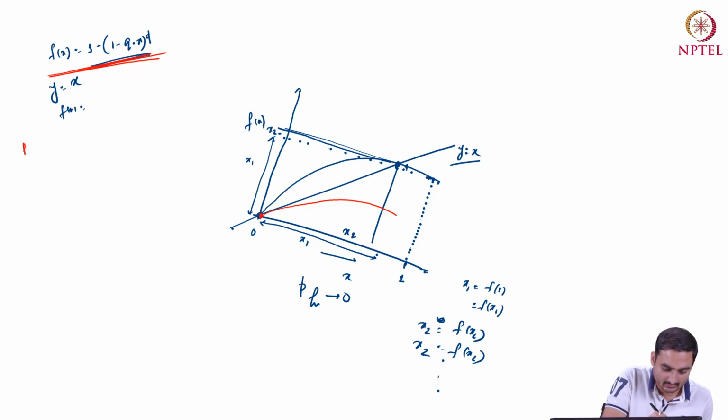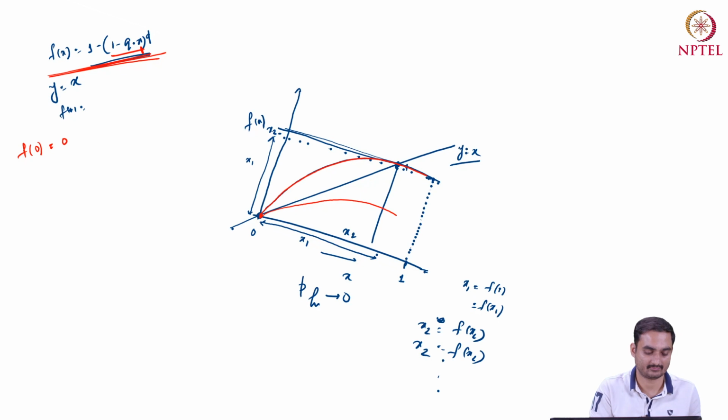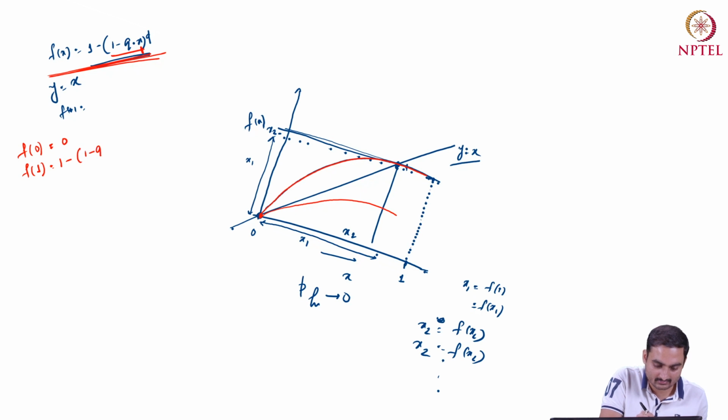I drew this curve randomly, so now let's try to understand the shape of this curve. f of 0 is 0, right? Because this would be 0, and 1 minus 1 is 0. f of 1 would be 1 minus (1 minus q) to the power d at x equals 1.